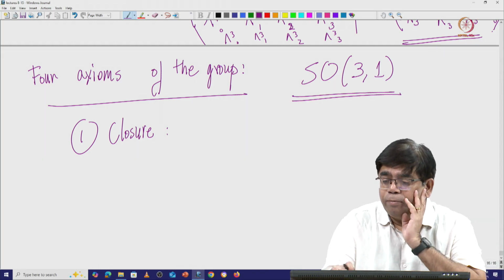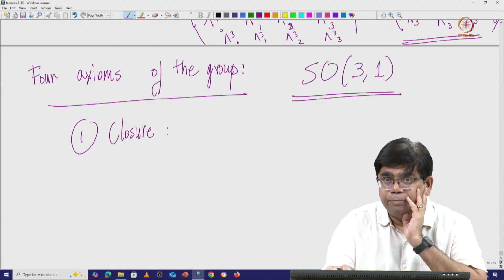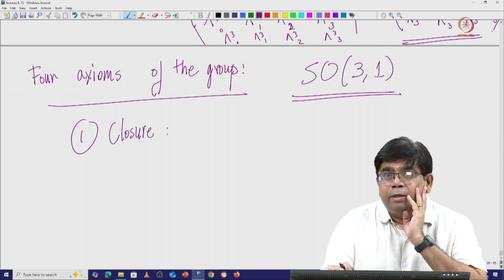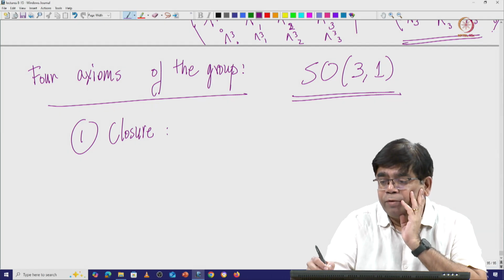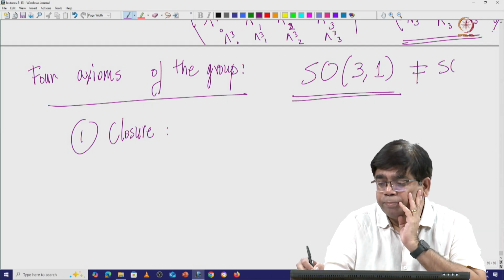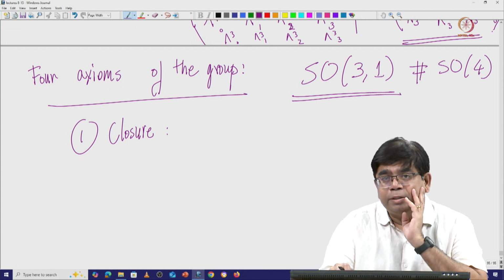Special orthogonal group with 3 space dimensions and 1 time direction, because the space and time directions have a relative sign difference. So it is not SO4, not equivalent to SO4, because it conserves the metric with an opposite sign.